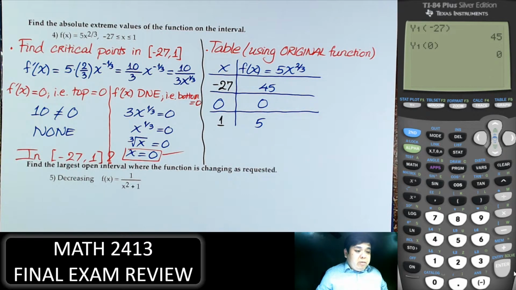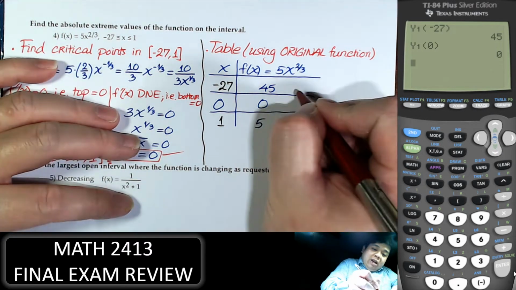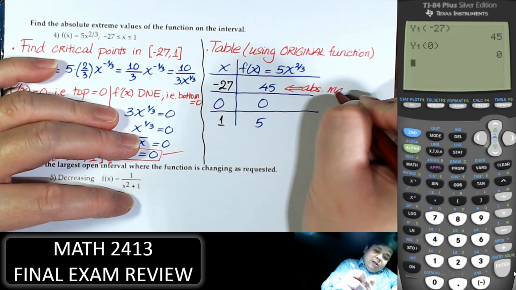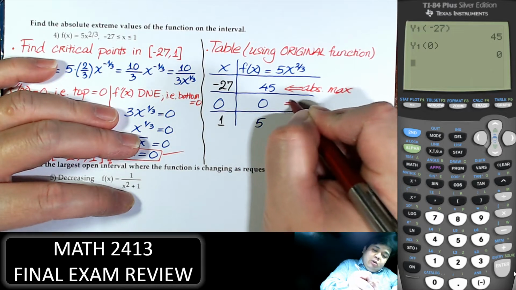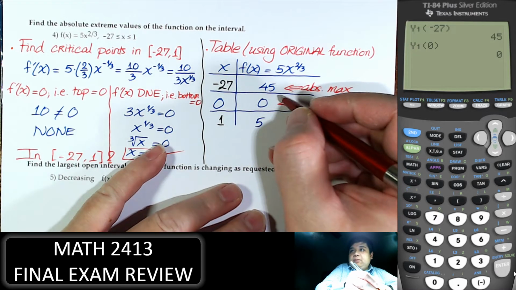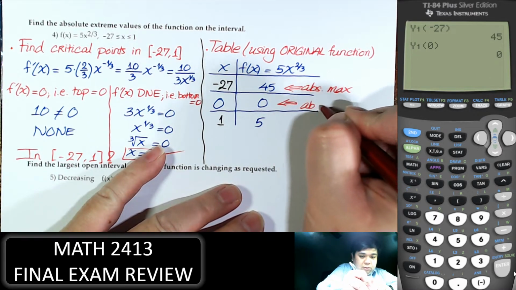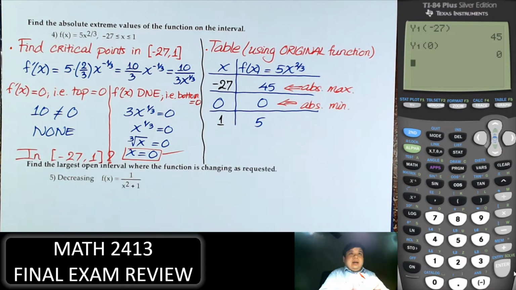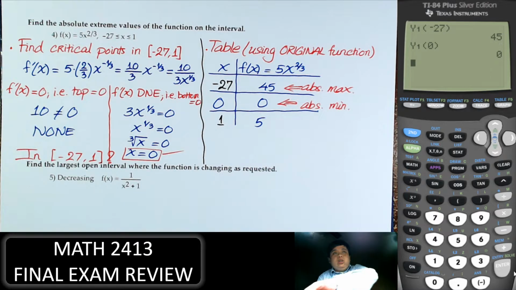And so in this case, as for the absolute extreme values, we have the absolute max and absolute min. Notice we have to use the original function.